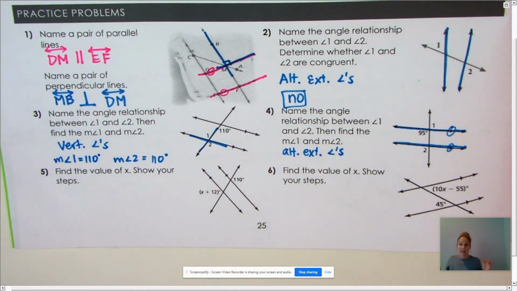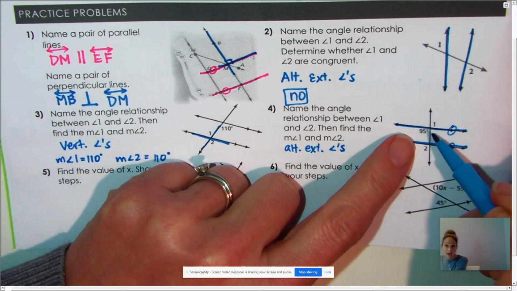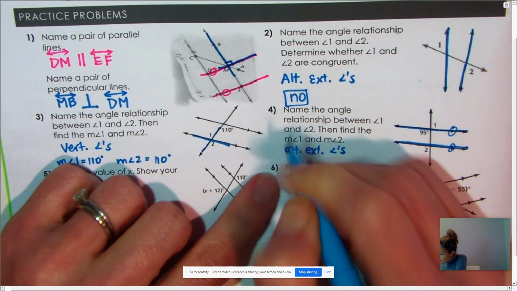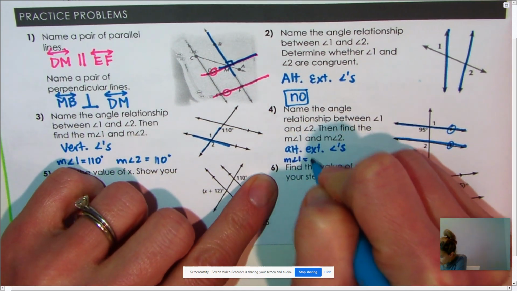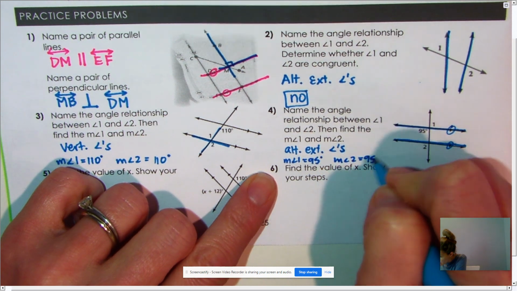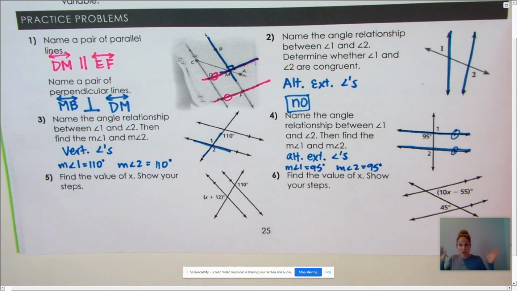Well, I know that they're congruent to each other because they're alternate exterior. I also know that 1 is congruent to 95 because those are vertical angles. So if 1 is 95, then I know that measure of angle 2 must also be 95 degrees because they're alternate exterior angles.